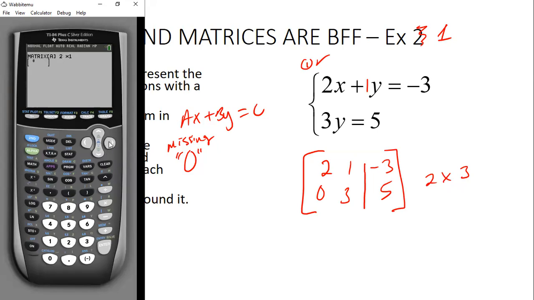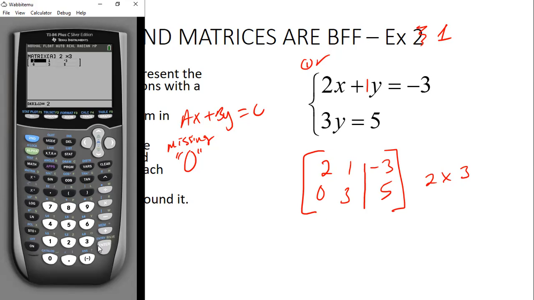So we have a 2 by 3. Once I have the 2 by 3 in, I'm gonna put in the values and hit enter as I input them. Okay, so 2, enter 1, enter -3, enter 0, enter 3, enter 5. So all of my values are put in.